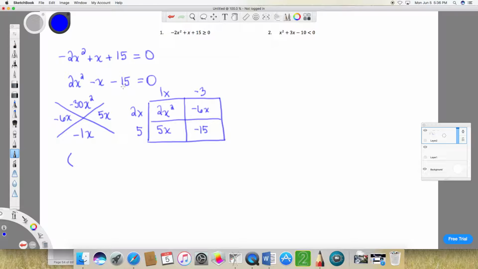We can rewrite this equation as 2x plus 5 times x minus 3. And that will give us solutions of negative 5 divided by 2 and positive 3.